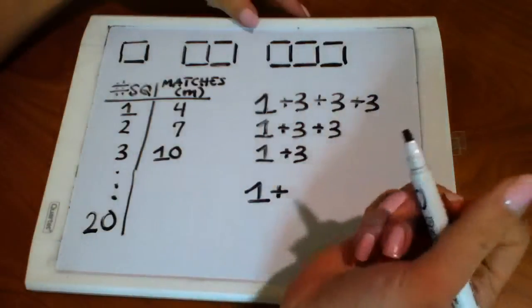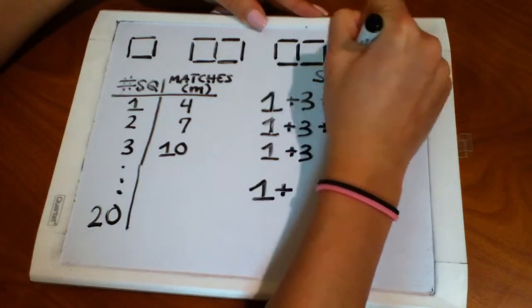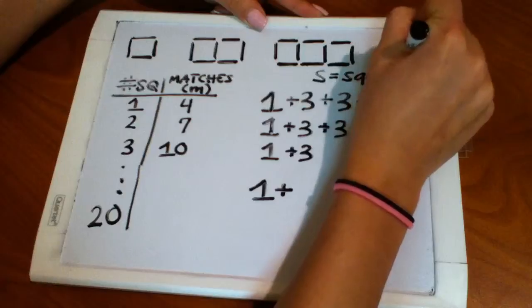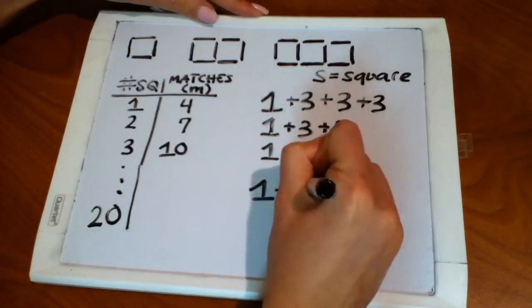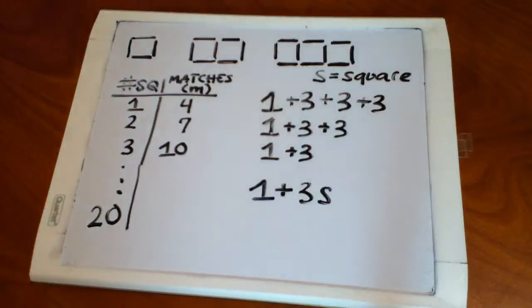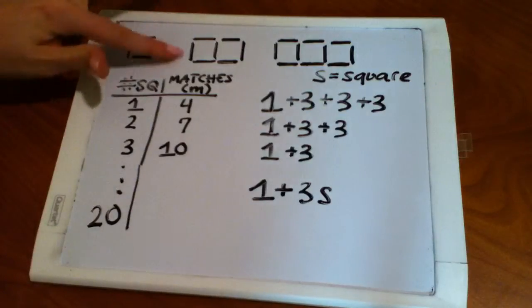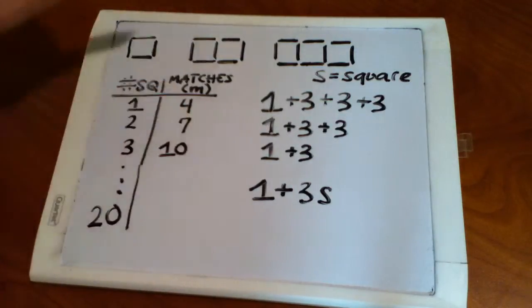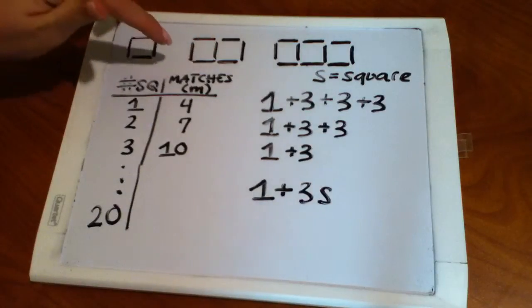So let's use S to equal squares, the amount of squares we're using. So 1 plus 3S. Basically, that means that for every pattern you're going to have 1 match, and then for every square you're going to have 3 matches.